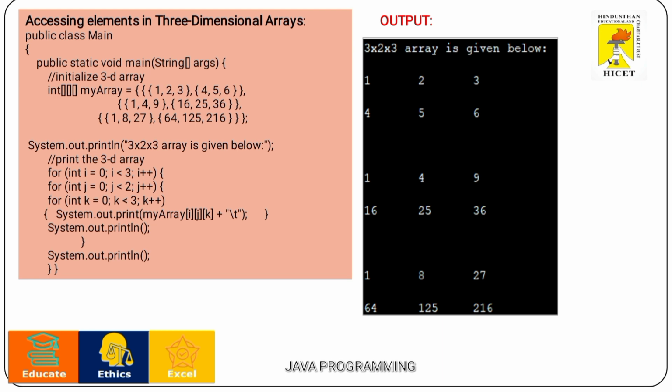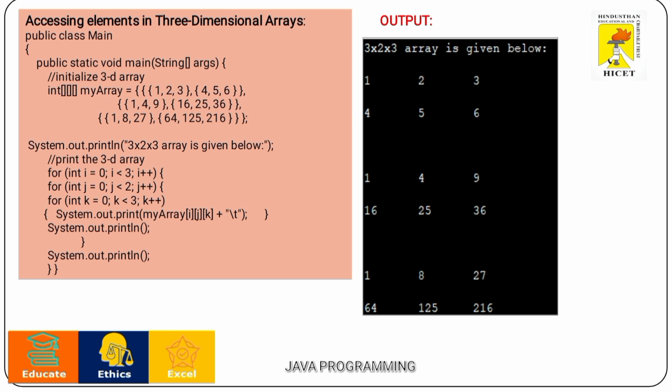And this is a three-dimensional array, so we need to use 3 for loops to traverse the array values. If we execute this program, we'll get the output like this. So here there are 3 tables with 2 rows and 3 columns.